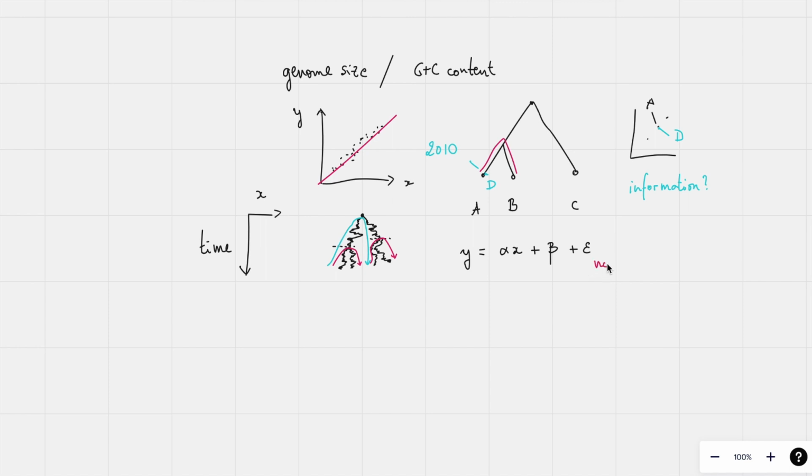So the value of the variance of epsilon here gives us the amount of variation that is not captured by the model. We have a part here which is deterministic, which says that the value of y is a deterministic function of x here, plus some noise here, and the bigger is the variance of this noise, the less good of a fit is this particular function here compared to the actual values of y.